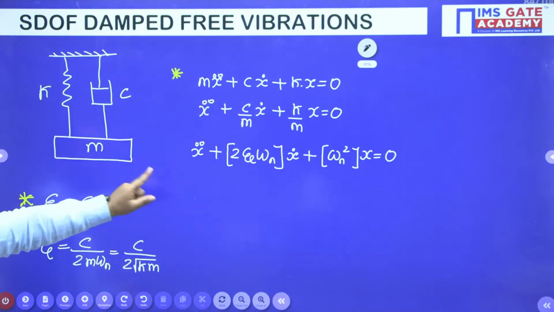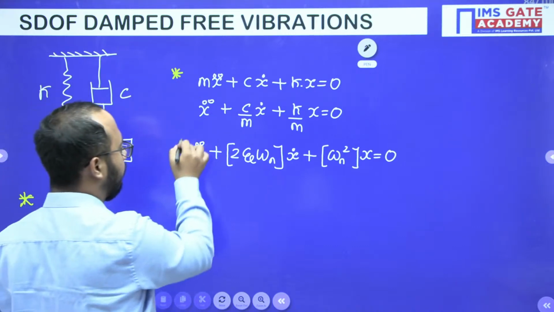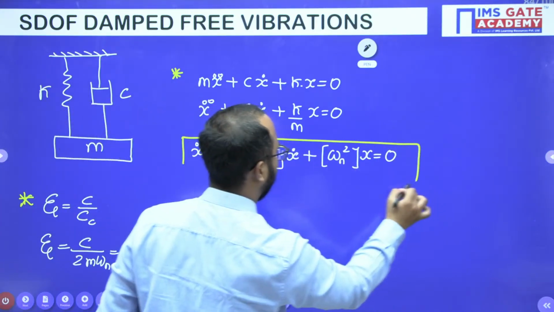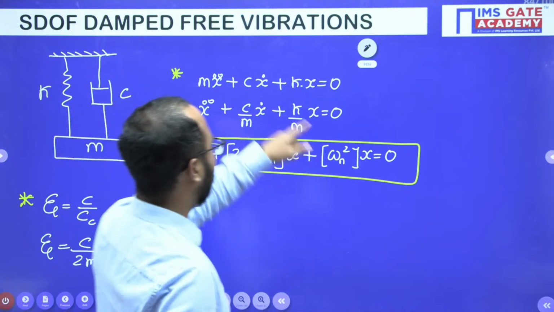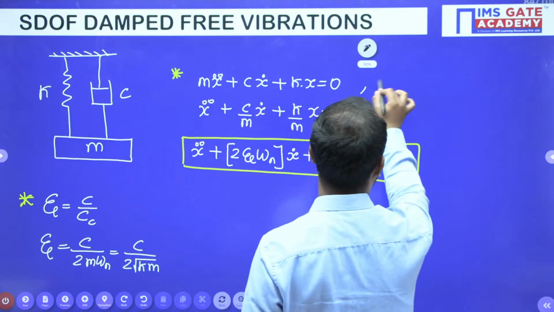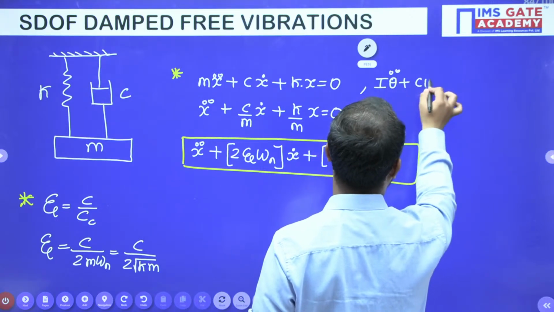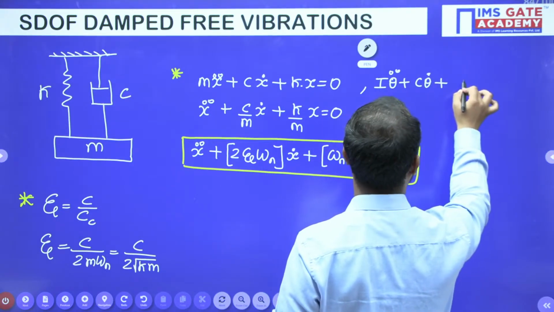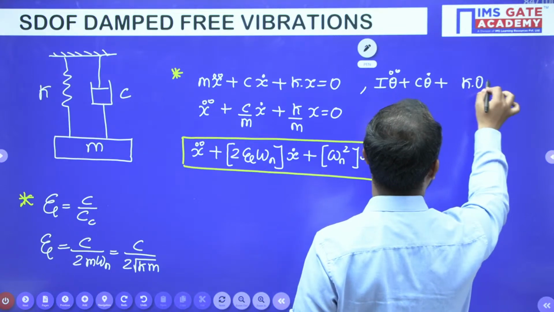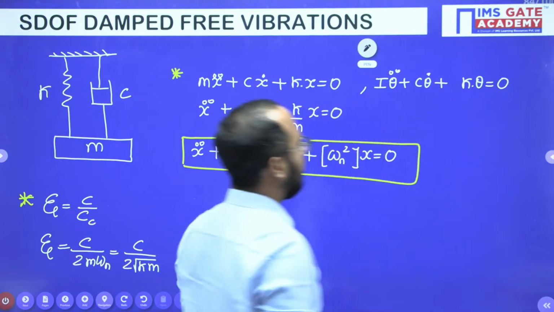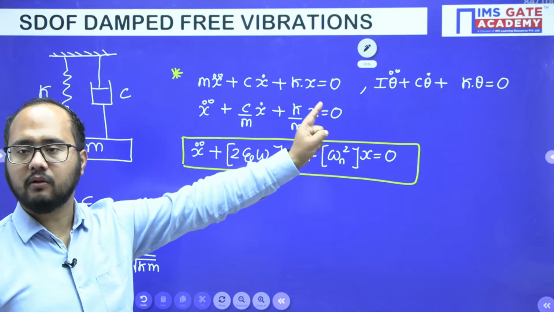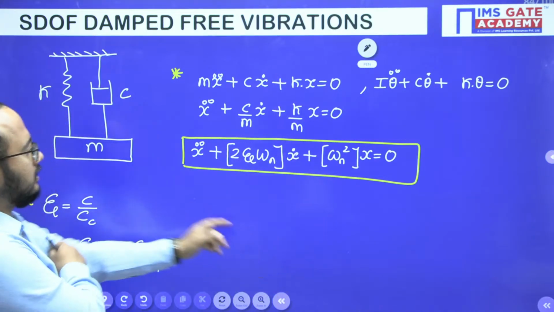So this is the equation that you should remember. Very, very important. So let's suppose if the case of rotation is there, in that case you will write the equation in this term, like this, if the rotation case is there.